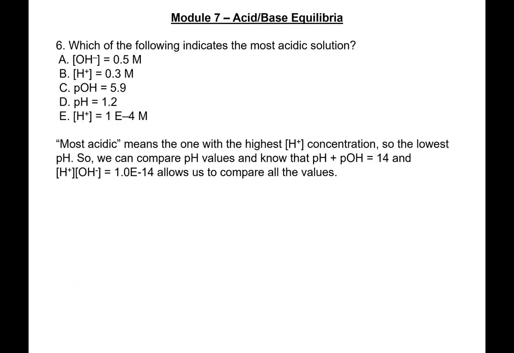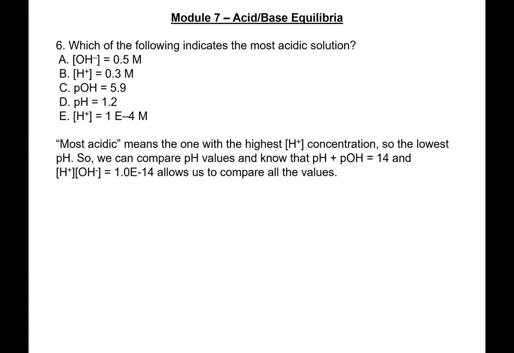You can put them all in OH minus, you can put them all in H plus, you can put them in pH, you can put them in pOH. 4 different ways. We know that most acidic means the one with the highest molarity of H plus hydronium ion, so the lowest pH. So therefore, let's put everything on a pH scale.